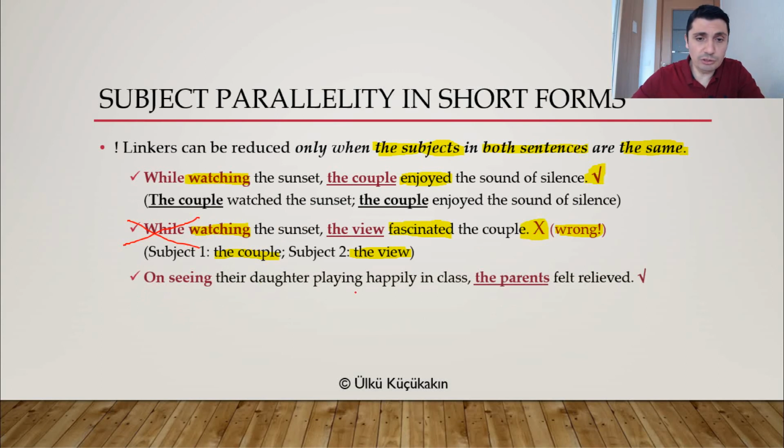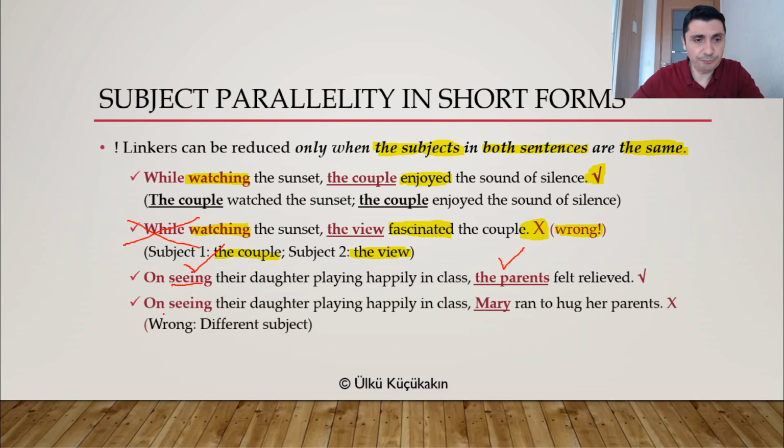Now look at this one. On seeing their daughter playing happily in class, the parents felt relieved. So in both sentences, the parents are the subject. They see their daughter. They feel relieved. So this is a correct sentence. But look at this one. On seeing their daughter playing happily in class, Mary ran to hug her parents.